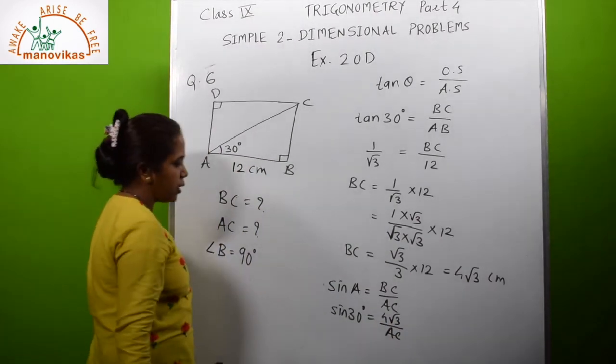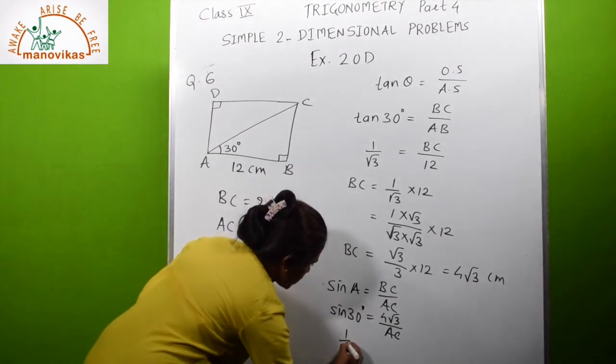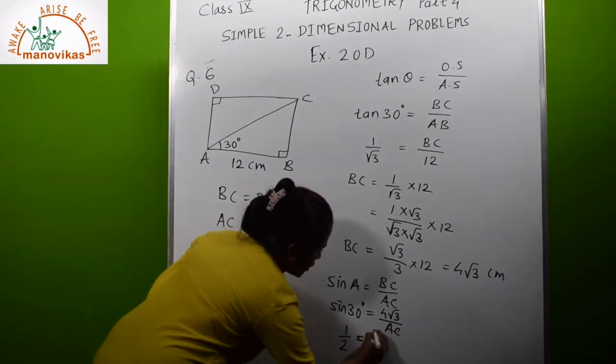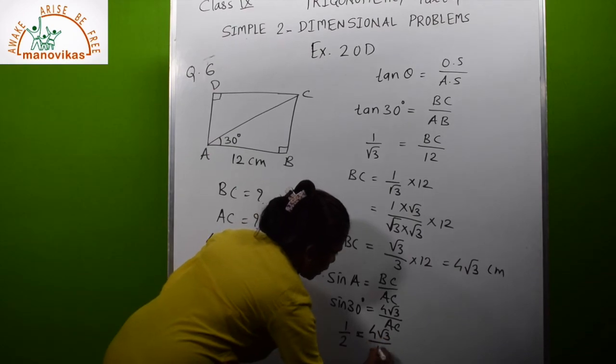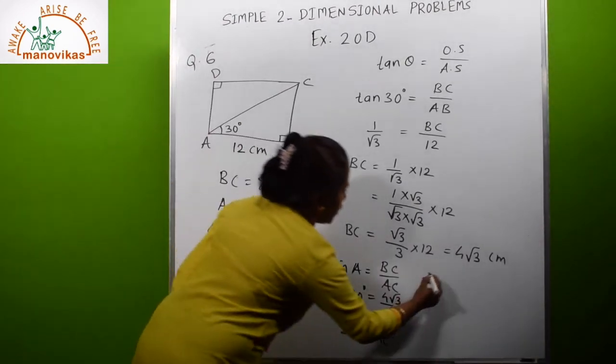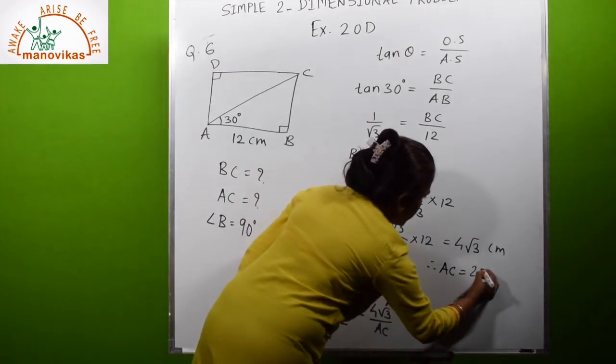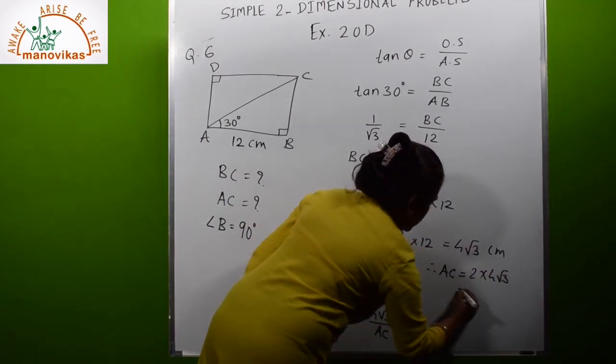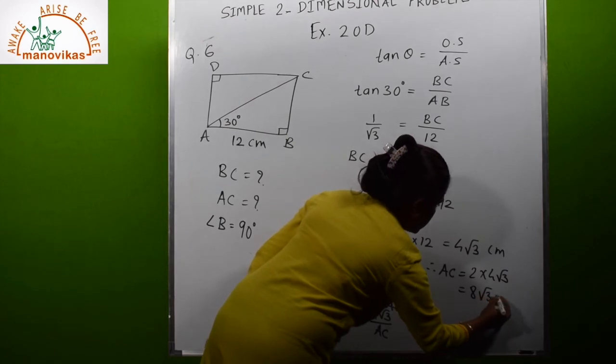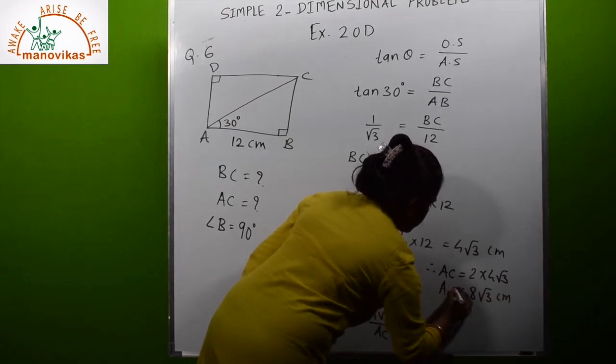And what is the sin 30 value? Sin 30 is half, so half is equal to 4 root 3 upon AC. Therefore AC will be 2 into 4 root 3, that is 8 root 3 centimeter.